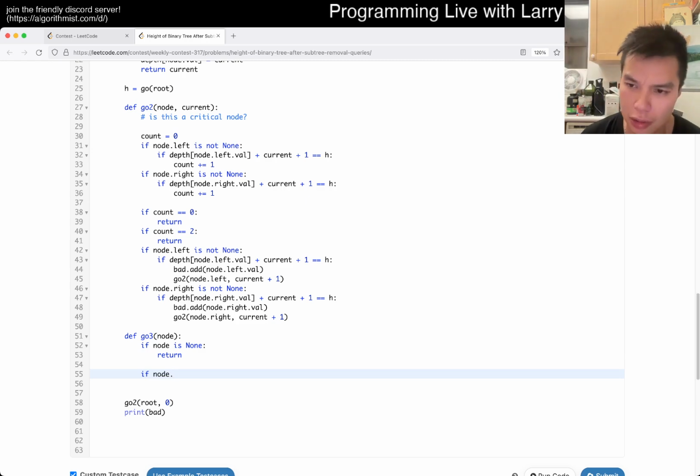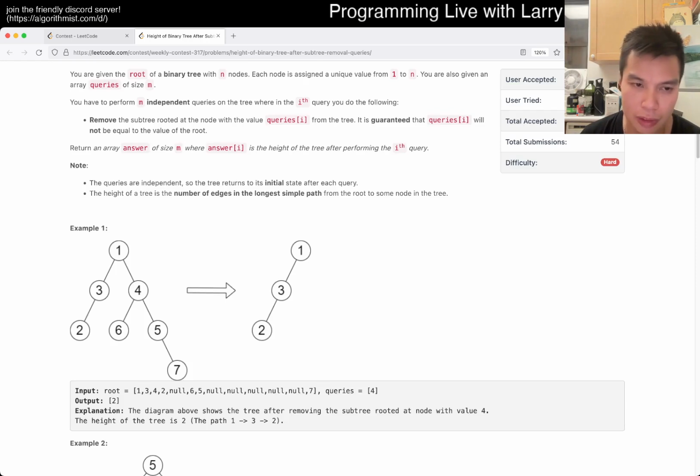I don't know how to do it quite well. So we can get rid of the entire thing, but how do we get rid of just like say the 7 up there, right?